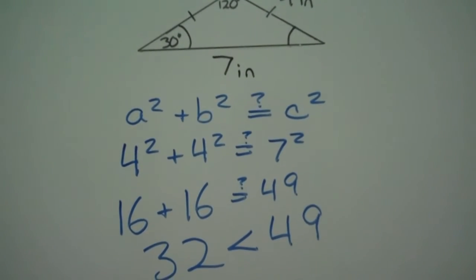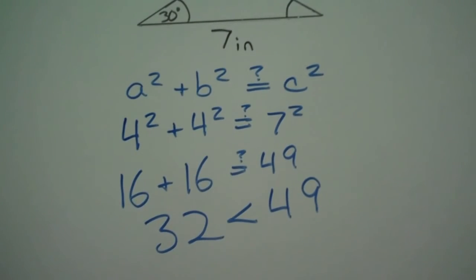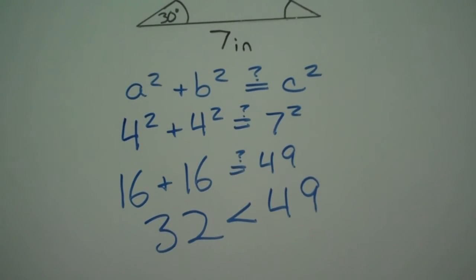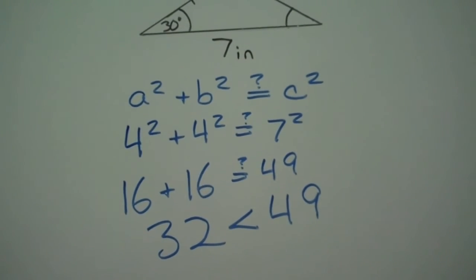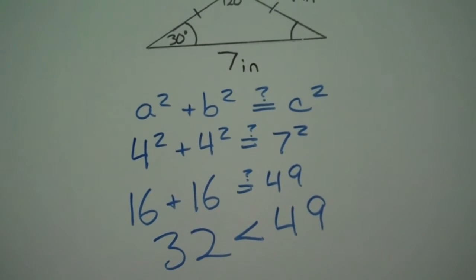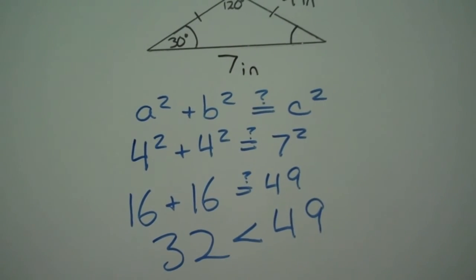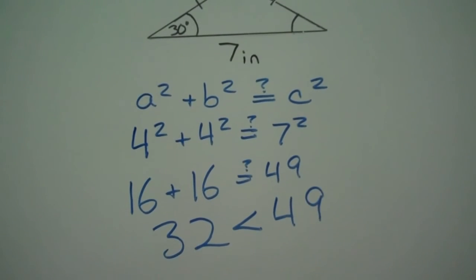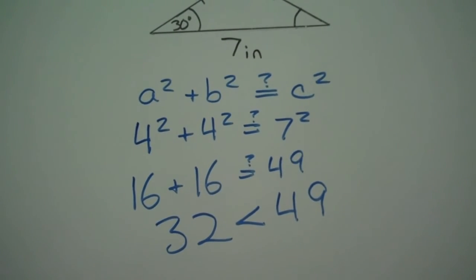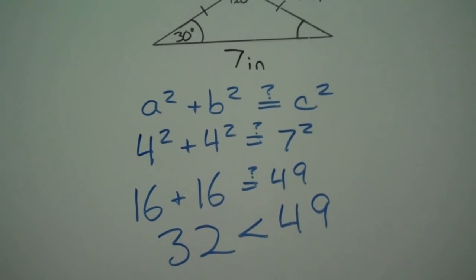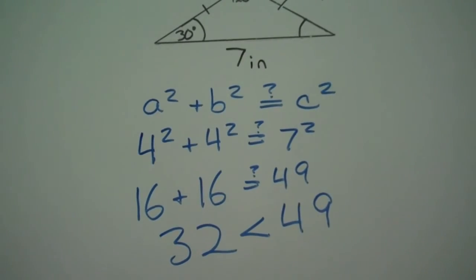Using our equation, we've realized that 32 is not greater than 49. Therefore, a squared plus b squared is less than c squared. Looks like we have a pattern for obtuse triangles. For every obtuse triangle we tried, a squared plus b squared was less than c squared.